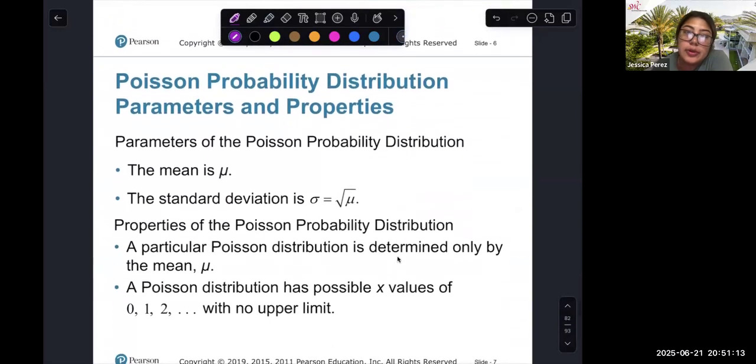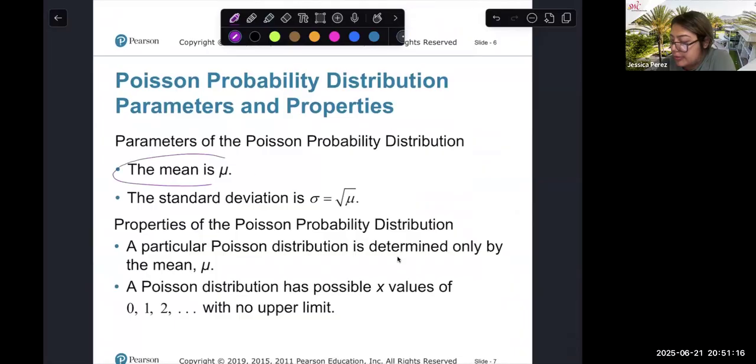What are the parameters? What are we going to be using? We're going to use the mean, mu. The standard deviation is found by taking the square root of mu, the population mean. As for the properties of Poisson's distribution, a particular Poisson distribution is determined only by the mean.